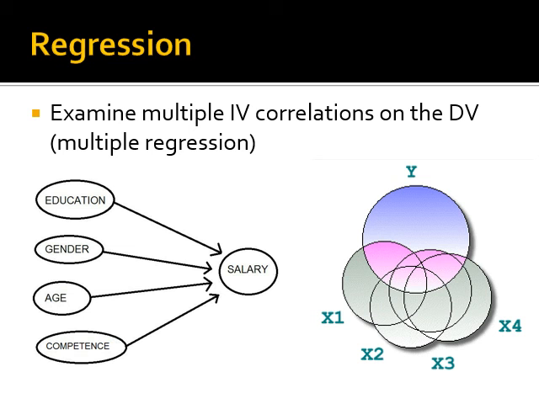For example, if we were interested in what causes someone to have a higher or lower salary, and looking at the impact of multiple things on that at the same time, for example education and gender and age and competence, we might have a graphic that looks a little like the one to the right, when you have the y, the dependent variable, and the impact of all of those independent variables, the x variables, x1, x2, x3, x4.